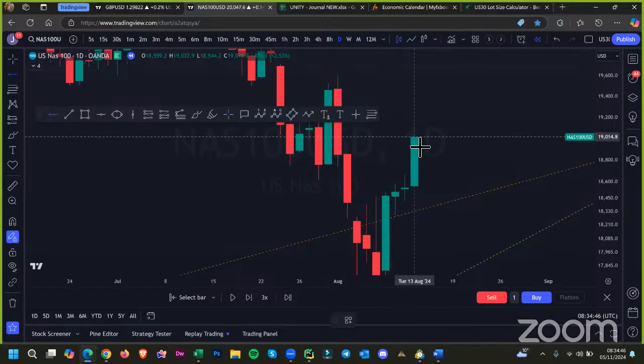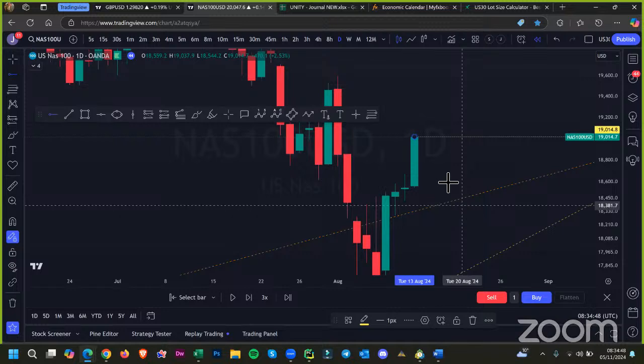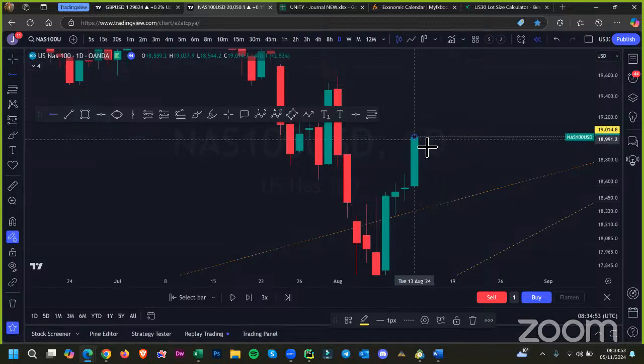Any entry, bearing in mind this candle closed up here, any entry for the buy below where the last candle closed, below here for the buy, because it's going to be a good entry.